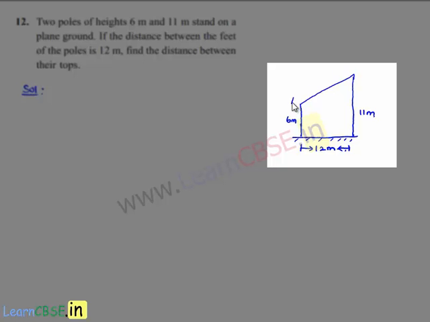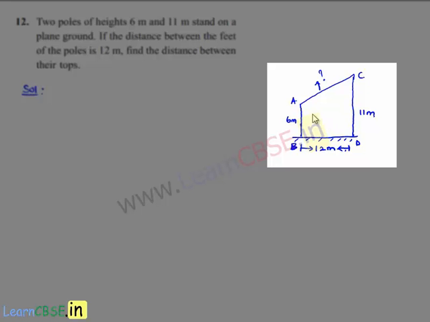Let us assume that AB be the first pole and CD be the second pole and BD be the distance between the poles. Then he asked us to find the value of AC, that is distance between the tops.